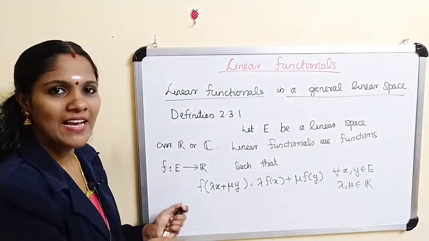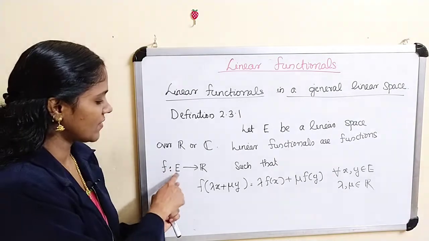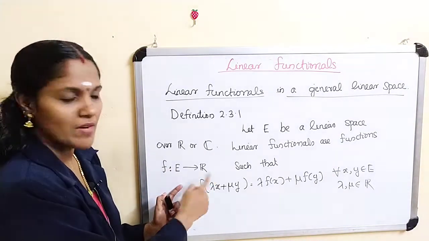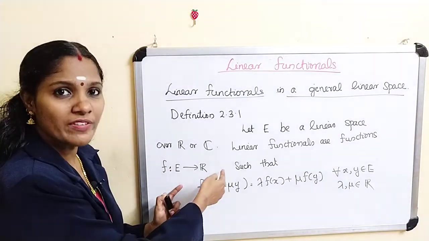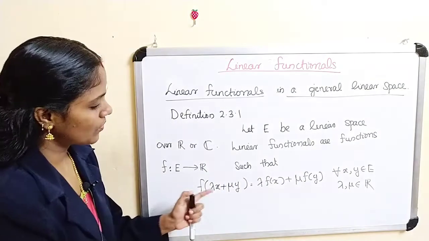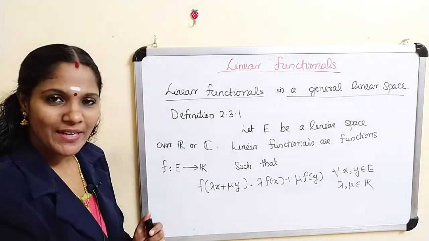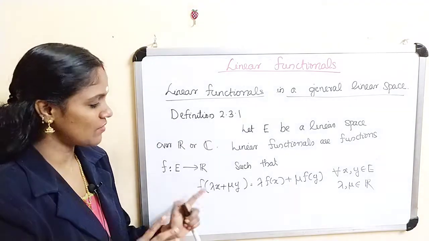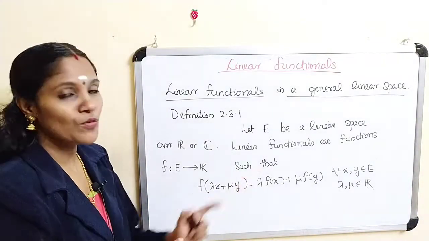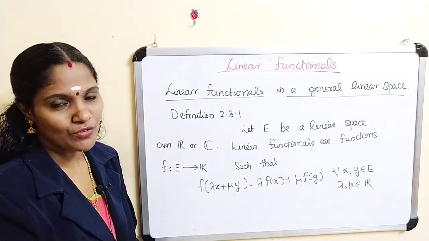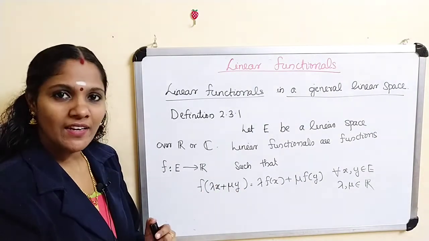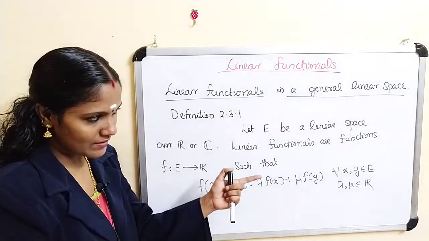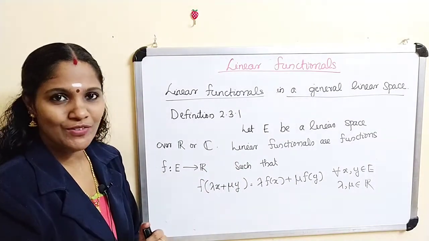Actually, this is a linear map from E to the field. This is true for every x, y belongs to E and for every scalars lambda, mu.